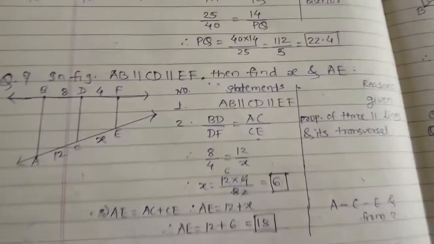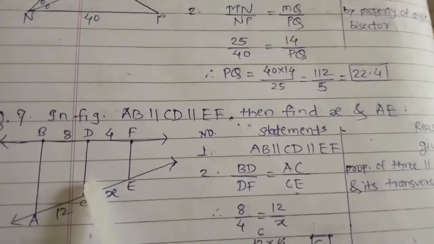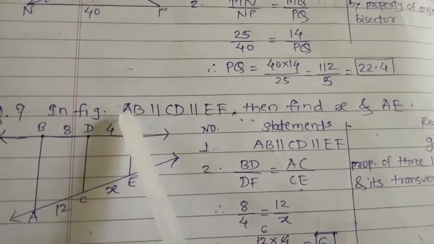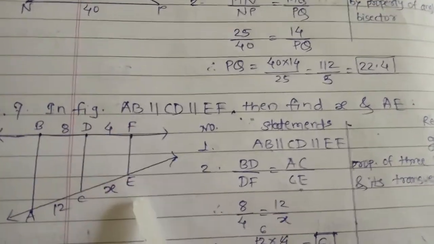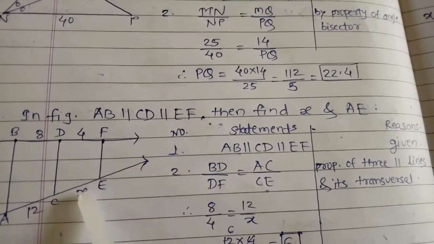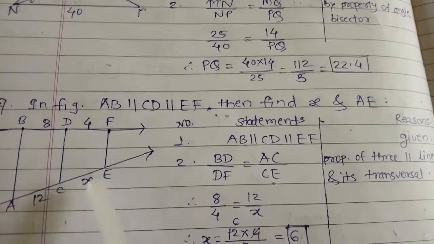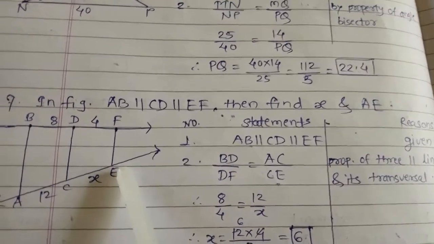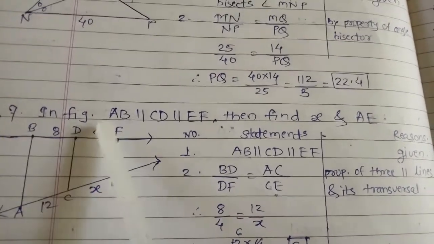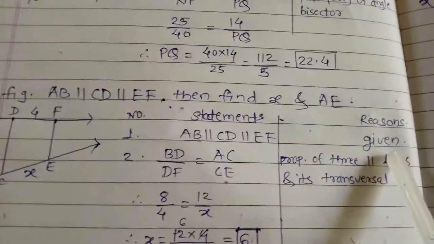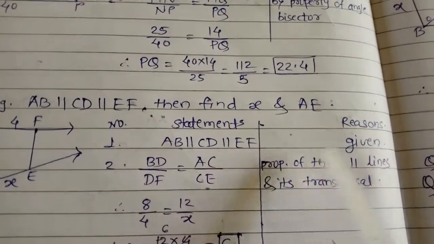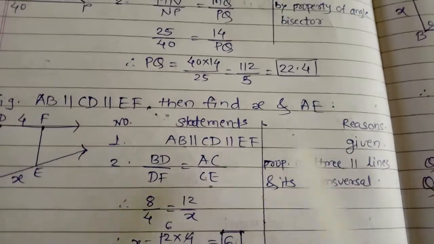Now see question number 7. Again in this figure you are given that AB is parallel to CD is parallel to EF, and you have to find X, and then we have to find AE. If we get X, then we can easily find AE. So again three parallel lines are given. The statement is AB is parallel to CD is parallel to EF, and the reason is given.